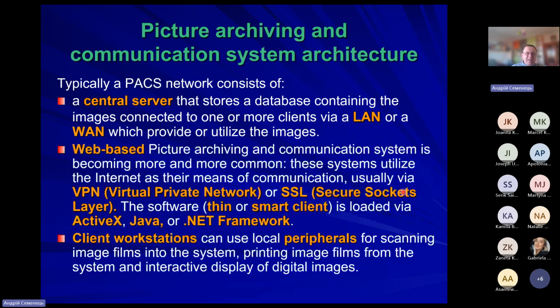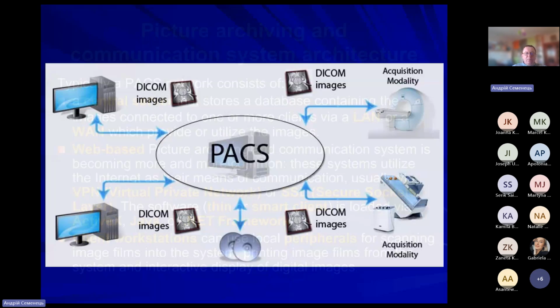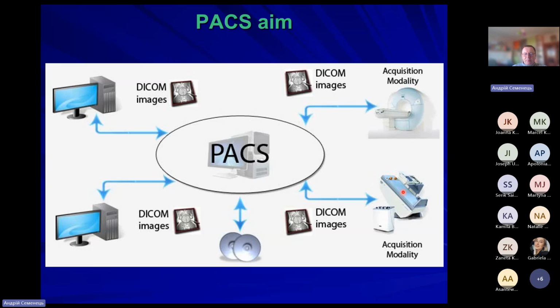So practical implementation could have some variety. Usually we have some central storage and application software which allows access from a local network or even the internet, with all necessary security components in place. So in general, what do we have?